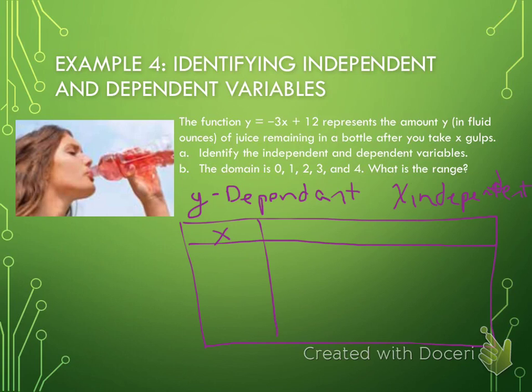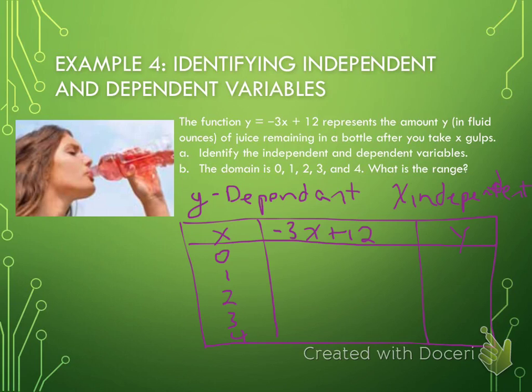I'm going to have this equation, negative 3x plus 12, and what my output will be. In other words, what the y is equal to, because the y is equal to negative 3x plus 12. So let's do 0, 1, 2, 3, and 4.